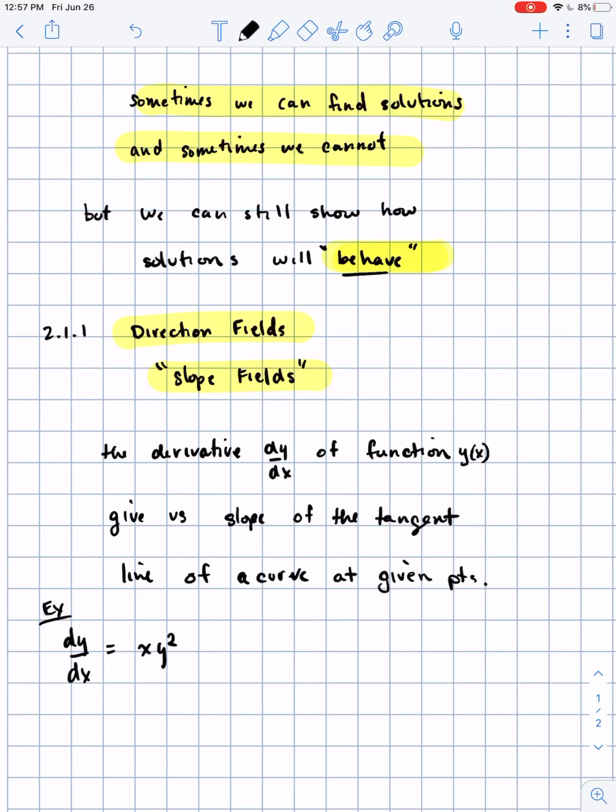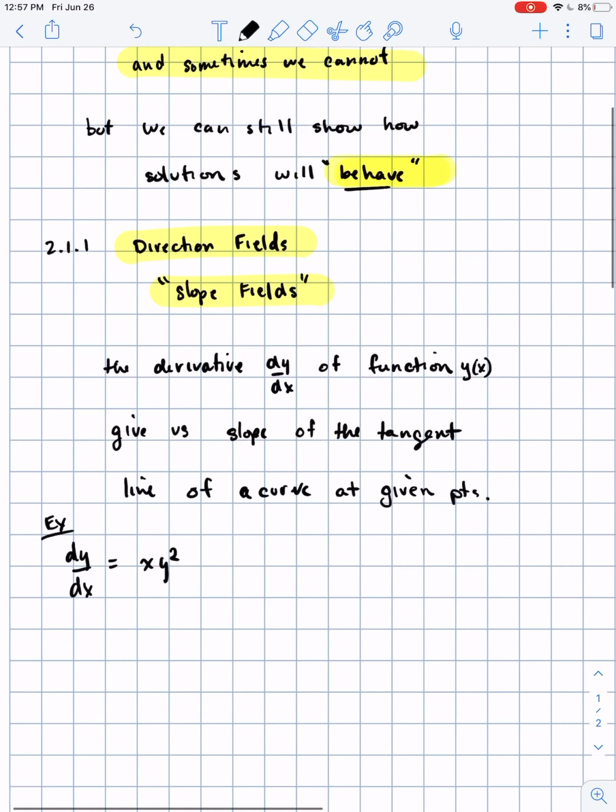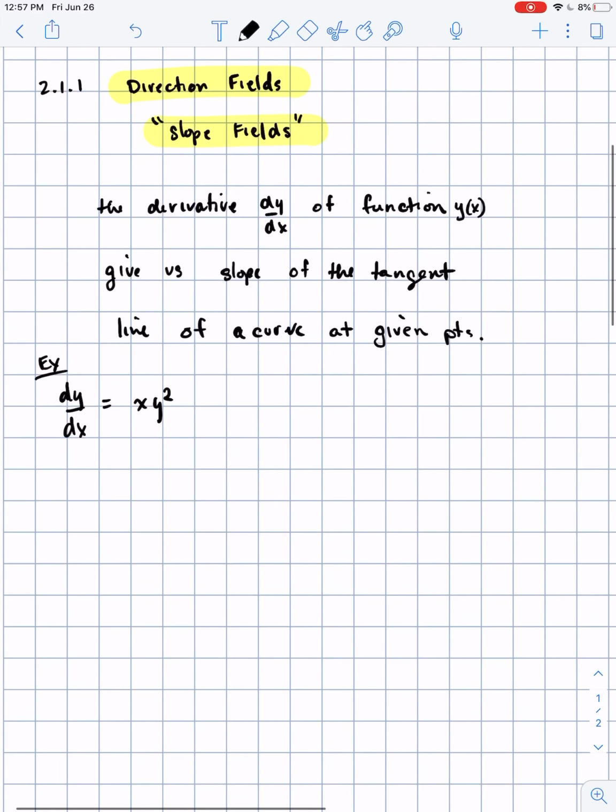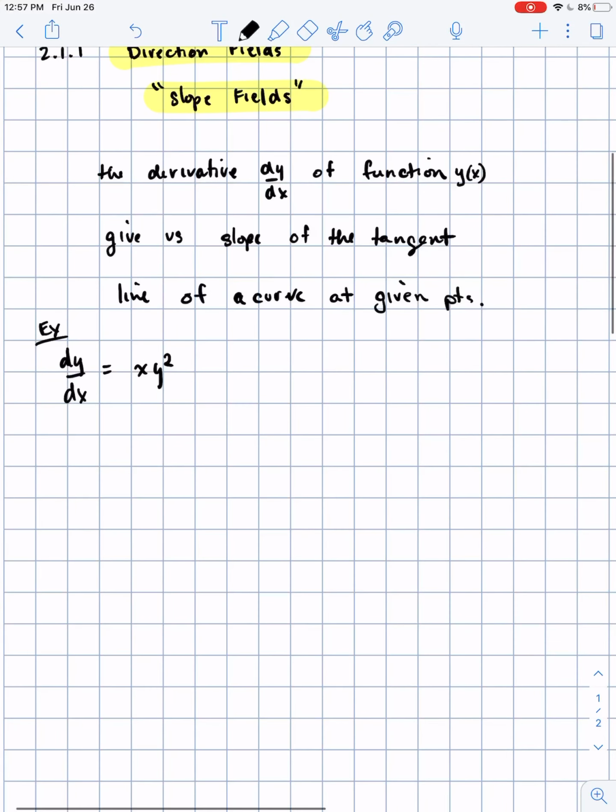And then it will create these little slope fields kind of telling us the direction that the function is going if we have it given at a given point. So we're going to do this example here where you have a differential of x times y squared, and we want to see how this thing behaves.